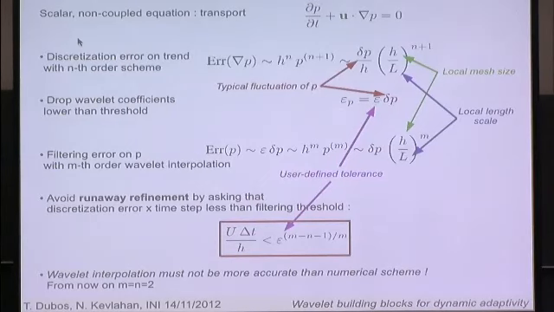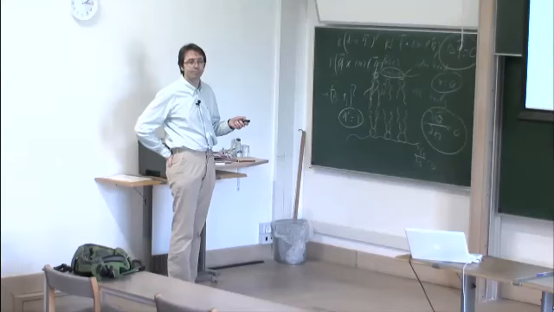So delta p is my typical fluctuation, and epsilon is a relative tolerance, 0.1 or, I don't know, 10 to the minus 5 if you want to be very, very accurate. Now the filtering error goes like this, and this depends on the accuracy of my interpolation formula for the wavelets.